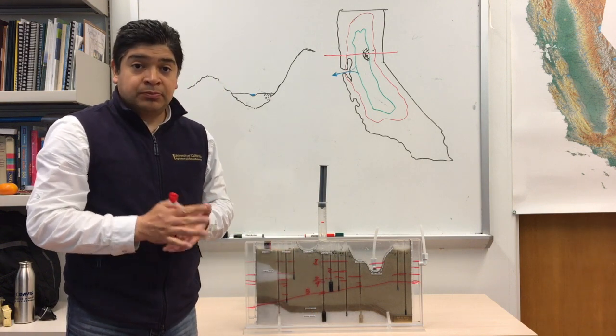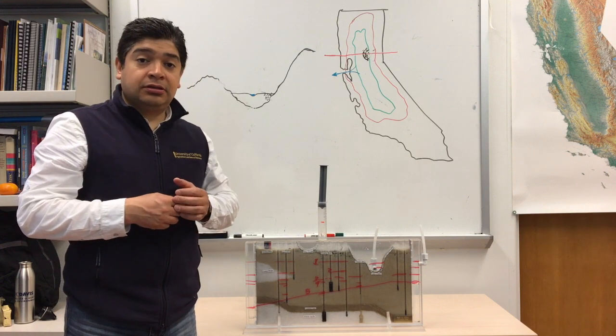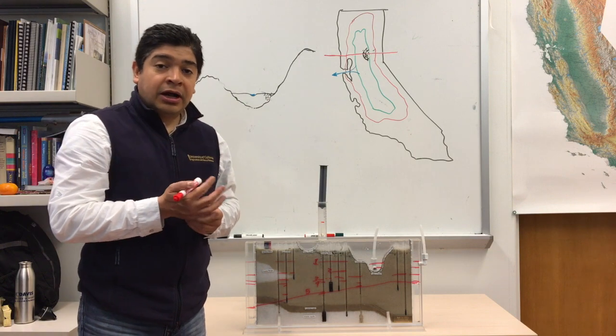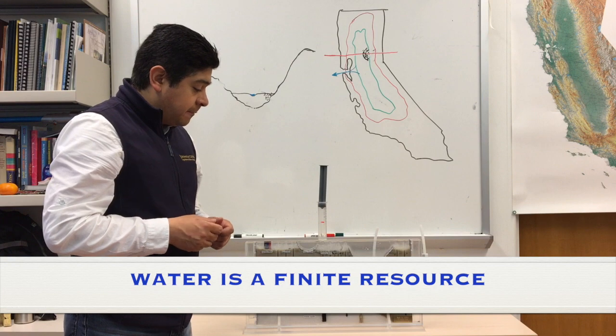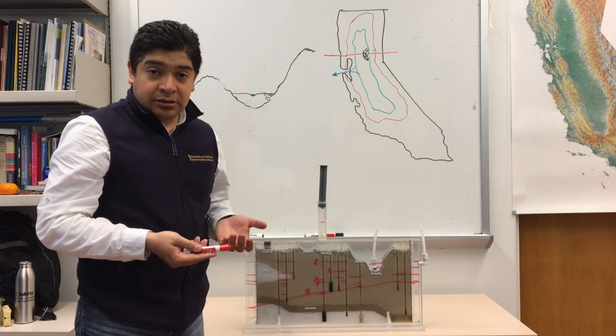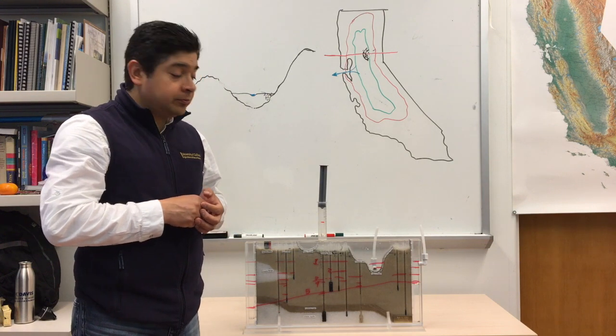I think in this part, the take-home message is that we have a limit. The water resources that we have here are not endless. There is a point where we're going to run out of water. We cannot invent any water. We have just a limited resource of water.